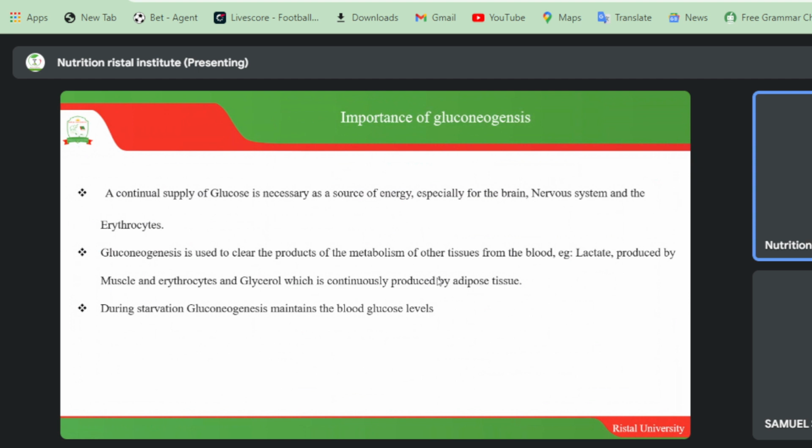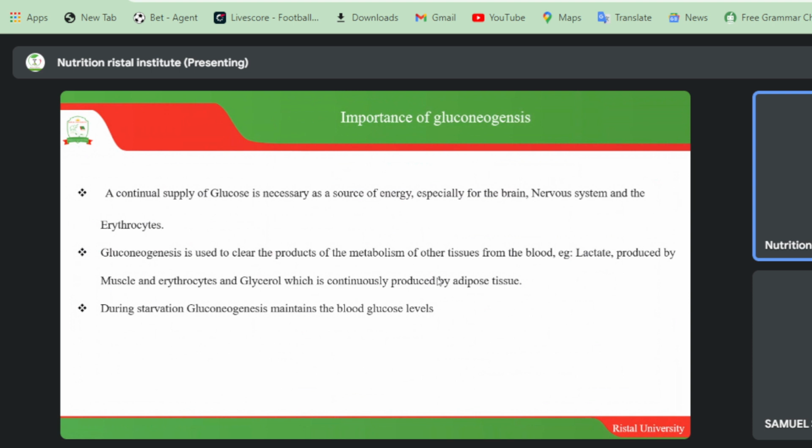It just has an amino acid pool. Your body cannot store those amino acids. So it gets rid of them in a way that also generates energy for you. And that's one of the importance of gluconeogenesis. Without it, there is possibly no way your body can get rid of those amino acids easily without causing harm to you. And during starvation, gluconeogenesis maintains the blood glucose levels.